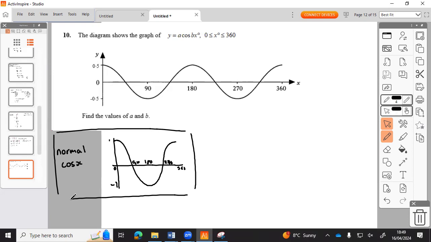So what has changed to get to this point? Well, the amplitude is actually smaller. The amplitude is where the maximum is, and it is dictated by whatever number comes in front of that cos x. So A is just 0.5. B tells me how many waves I'm getting in between 0 and 360.